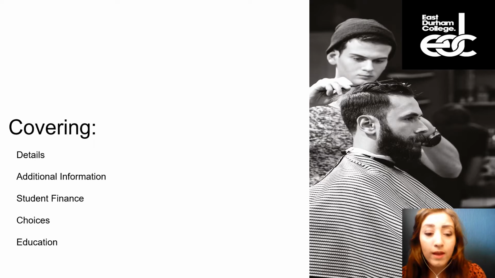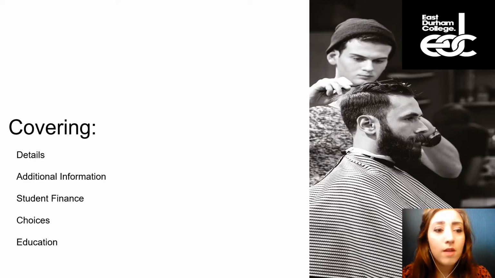Education is probably one of the longer ones, and choices need quite a lot of research. In the next video I'll go through choices and add them then, because you realistically want to do your personal statement based on your choices, so that's going to be last or second to last.